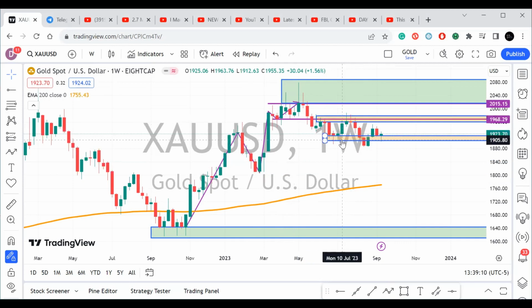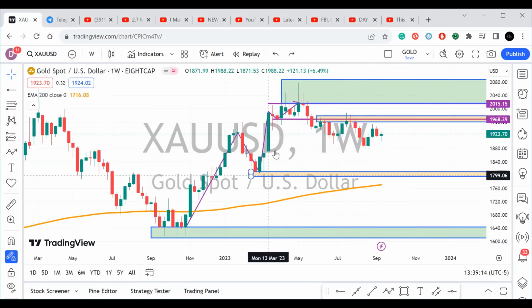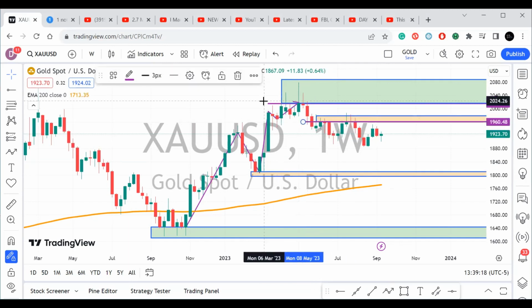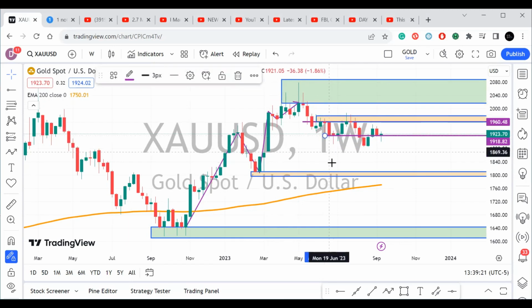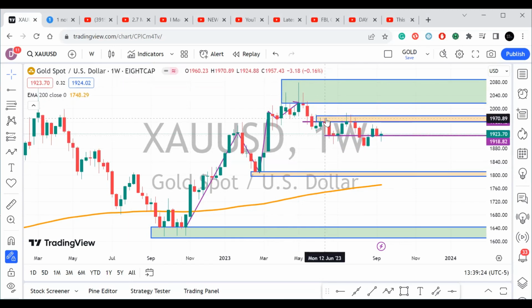Let me undo this for now. Let me leave this one where it is. So our current structure is this high and this low. So when price dropped here, price came back again to this high to retest this high. Then we had a drop.